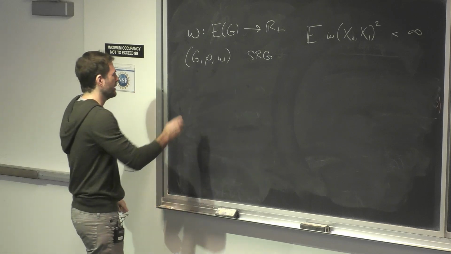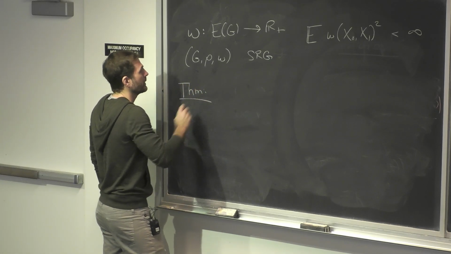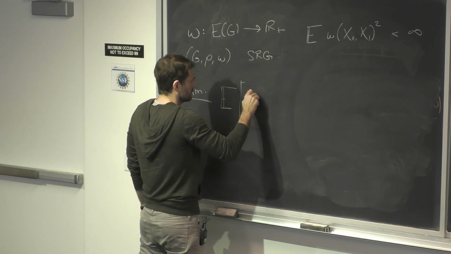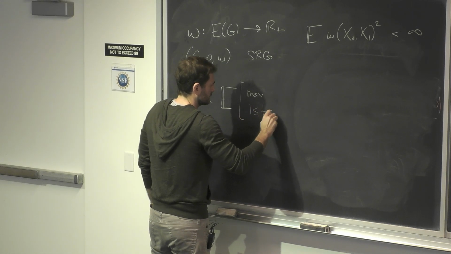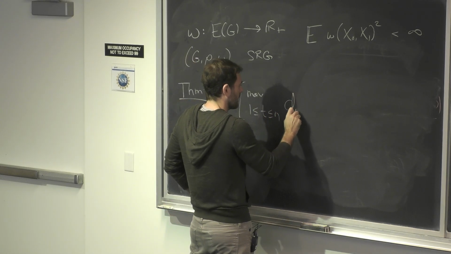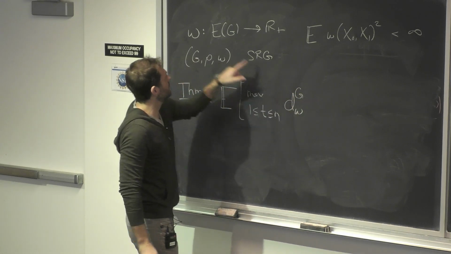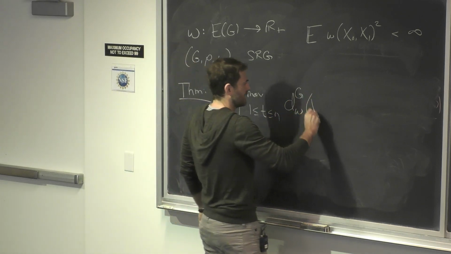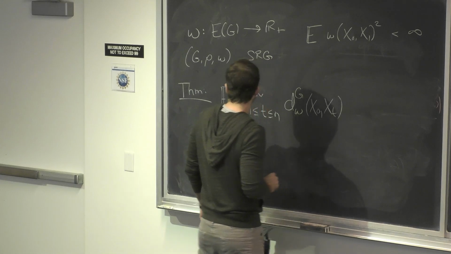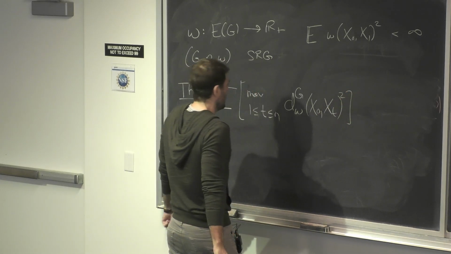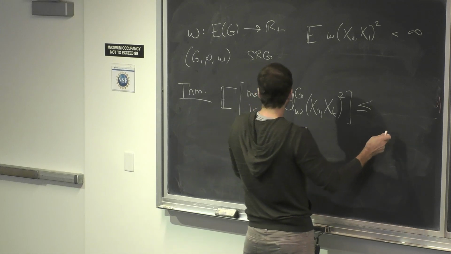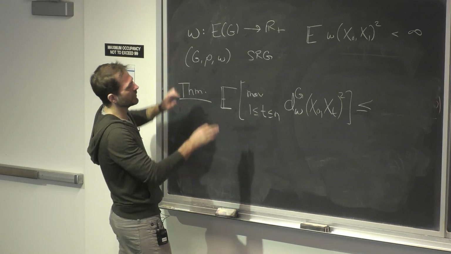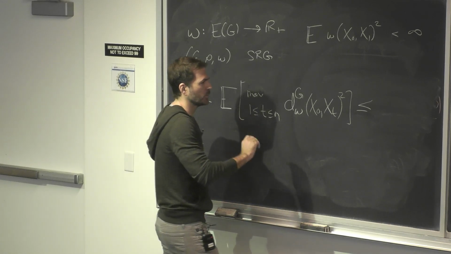So if I have this, then here's a theorem which says that if I consider the speed of the random walk, now not under the graph metric, but under the path metric where these are the edge weights, and I look at the displacement of the random walk, and let's say I square it, then basically, under any such change of metric on the graph, the speed of the random walk is at most diffusive.